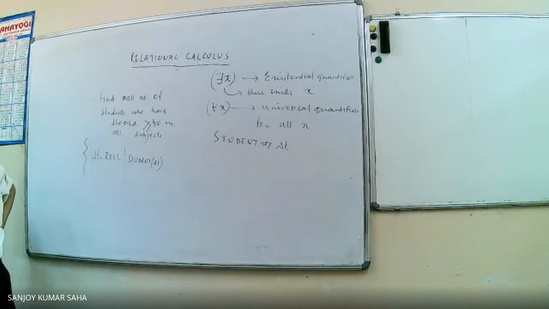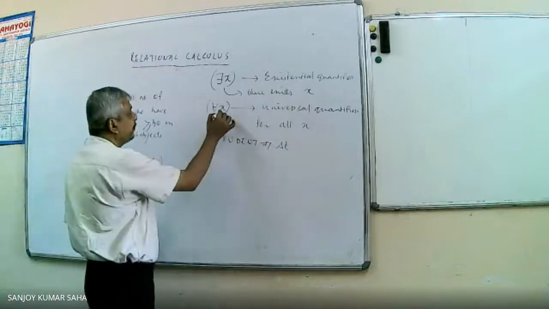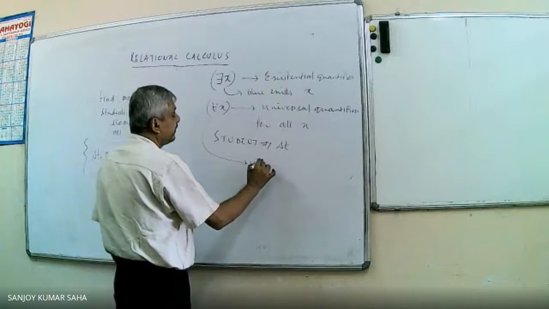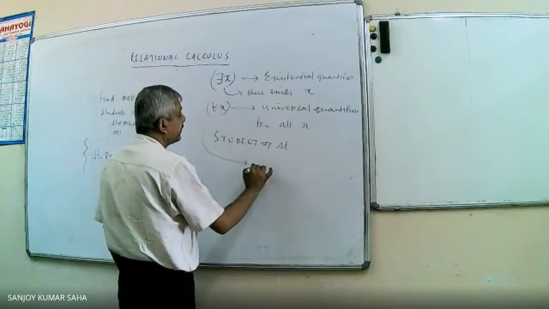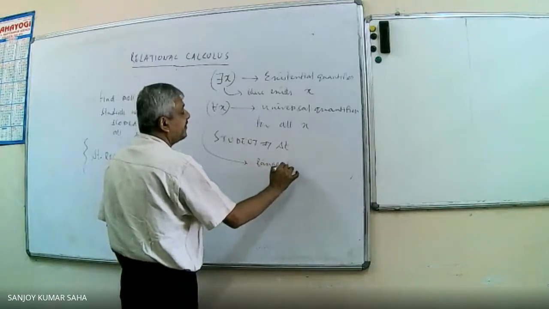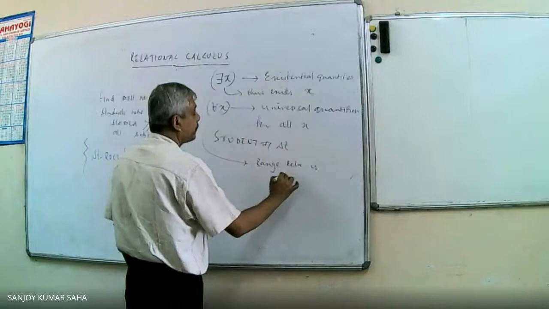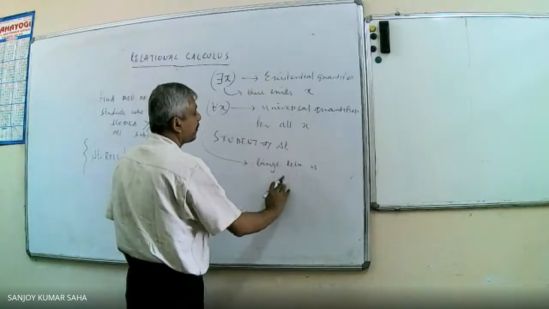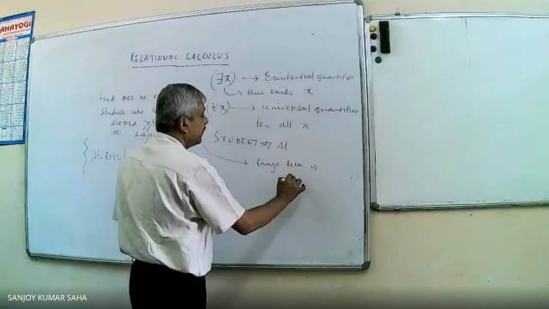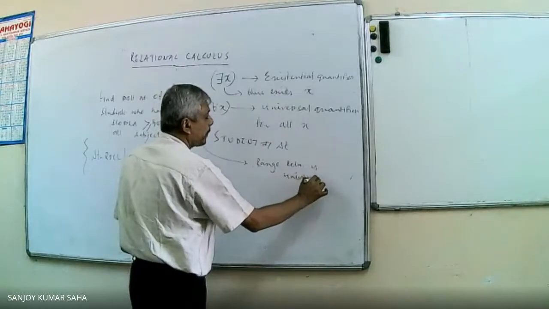Now see, when we say for all x, the range relation is the universal relation.